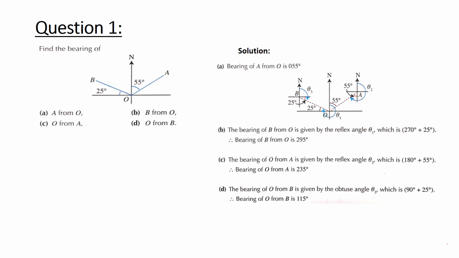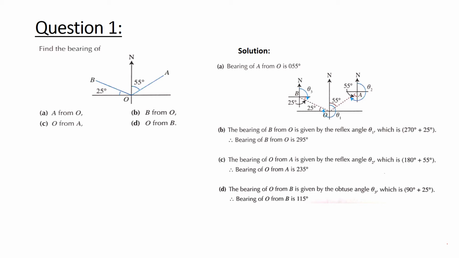Now the last part D, the bearing of O from B is given by the obtuse angle θ3, which is 90 plus 25 degree. Therefore bearing of O from B is 115 degree. Remember one thing, dear students, that you need to measure this angle in a clockwise direction from north.